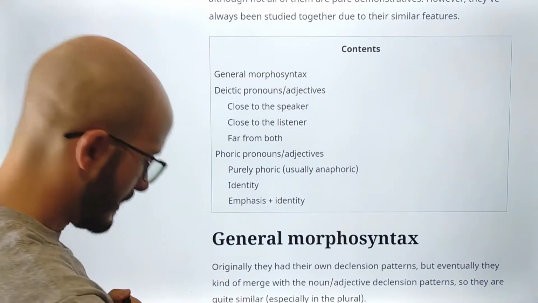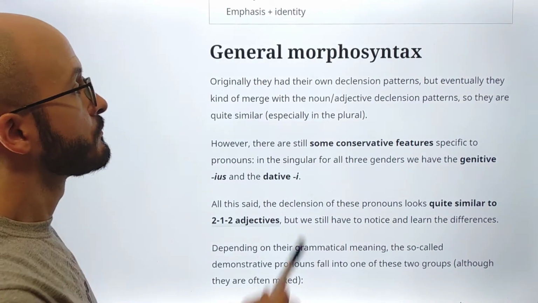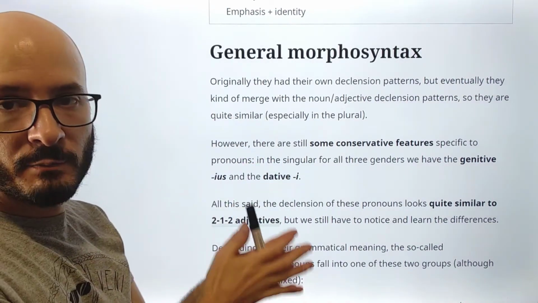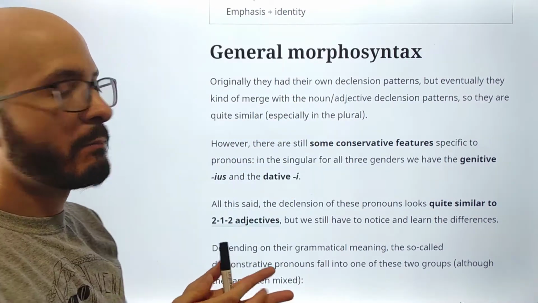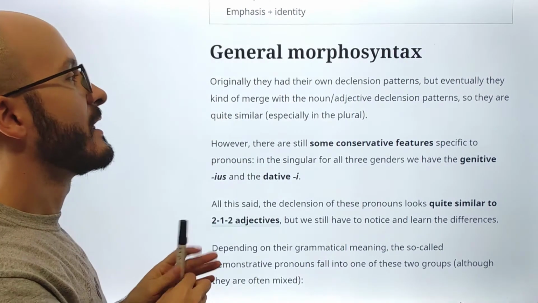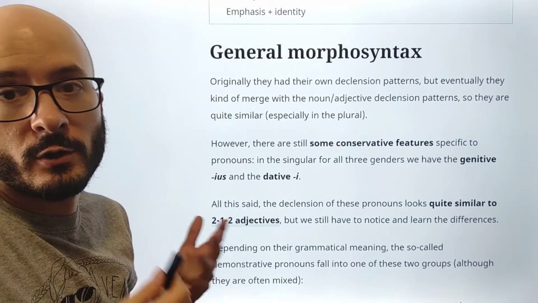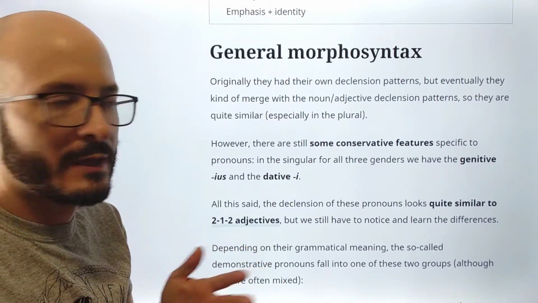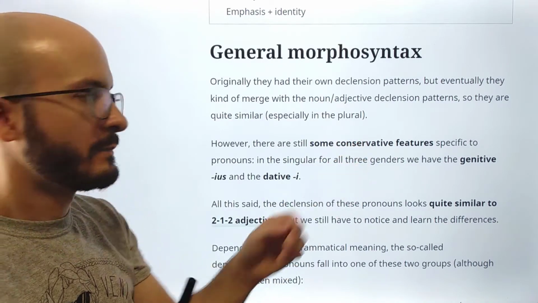Okay, so first, let's begin with the general morphosyntax. Originally, these pronouns, these demonstratives, had their own declension patterns, but don't freak out, because eventually they kind of merge with the noun-adjective declension patterns that we already know, like altus, alta, altum, etc. So they are quite similar, especially in the plural.